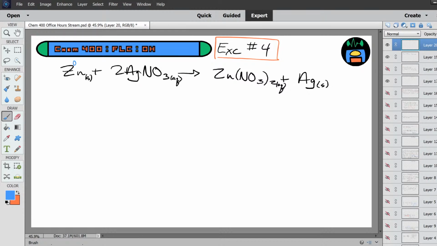Now, there's a trick for this, and it lies in remembering what it means to be an aqueous ionic compound. Specifically, an aqueous ionic compound means that you're dealing with a separated anion and cation. So silver is a cation with a charge of positive 1, which means silver in this compound has an oxidation state of positive 1.